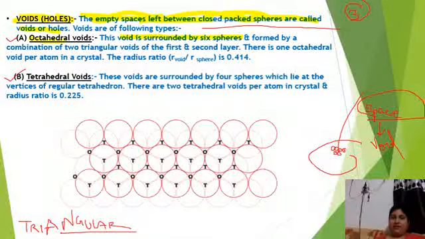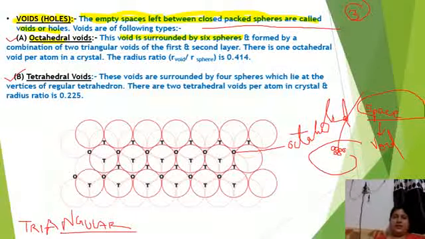This is an octahedral void. O represents octahedral, while T represents tetrahedral.